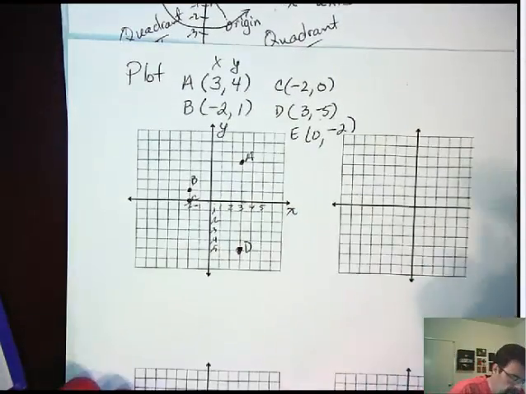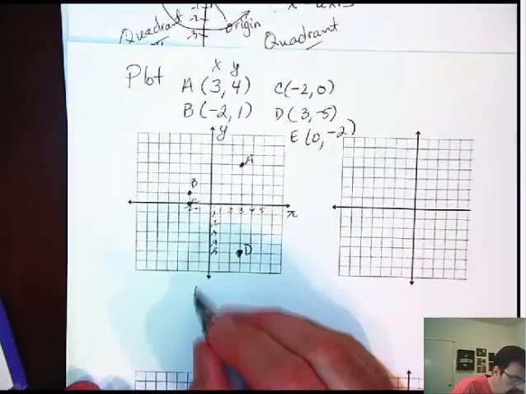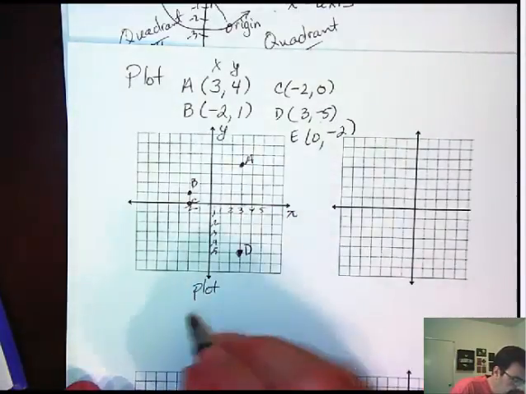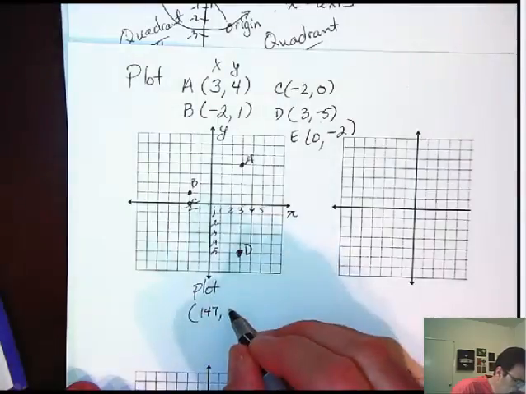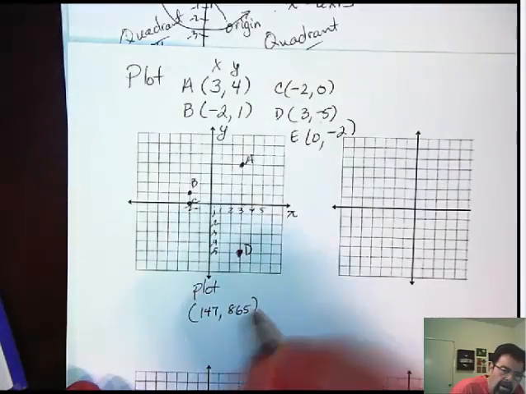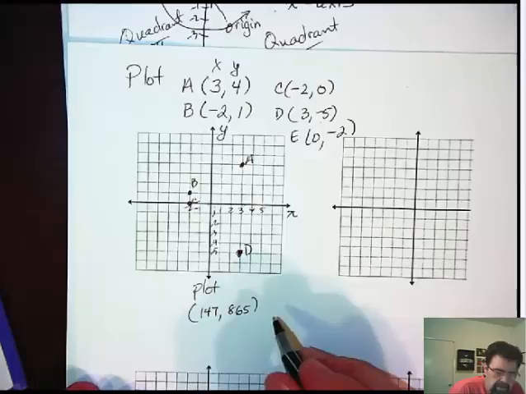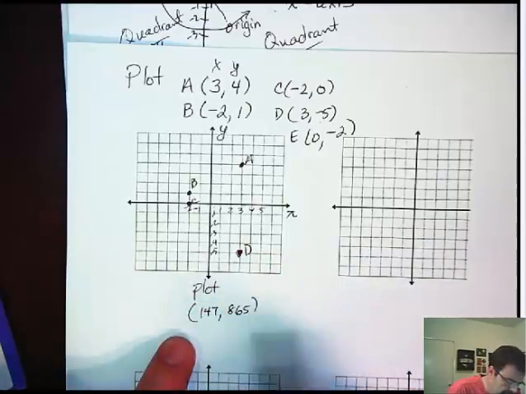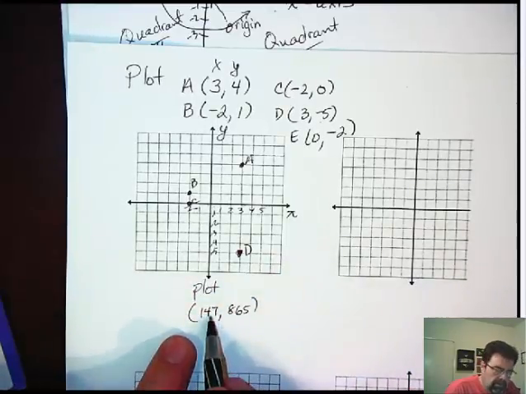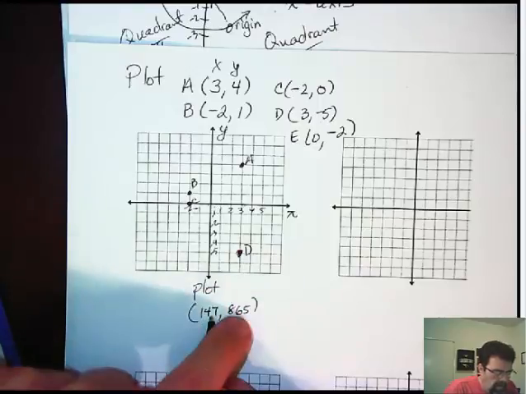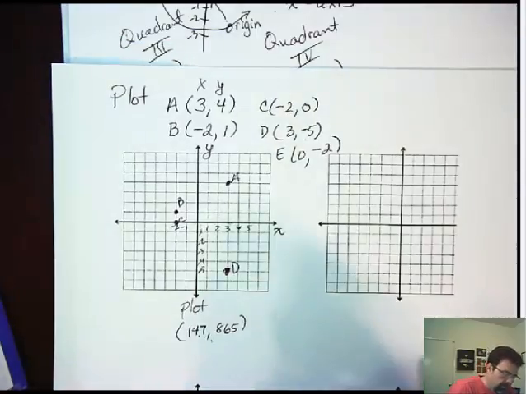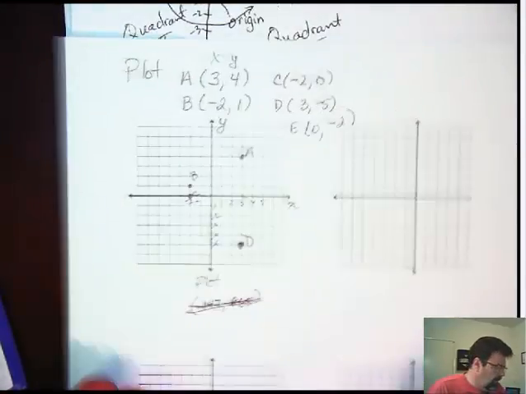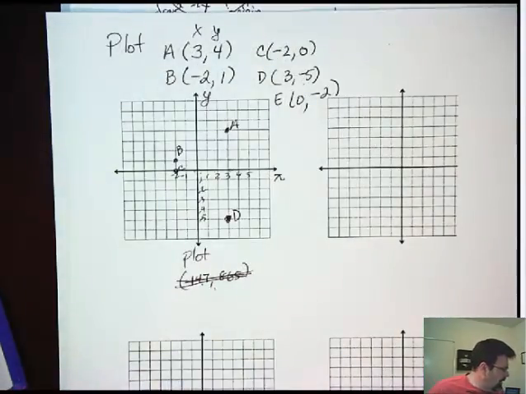If I wanted to plot, say, (147, 865), I'm not going to count 1, 2, 3, 4, 5 up to 147. I'm just going to go along the x-axis to where 147 is, go to where 865 is on the y-axis, and where those would meet, that's where that point would be. Okay. All right, so that's plotting.